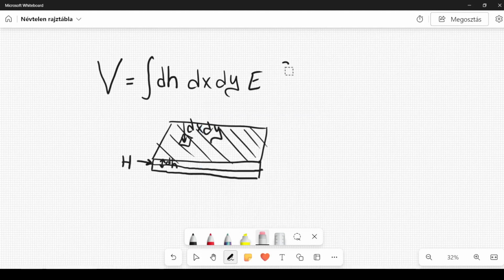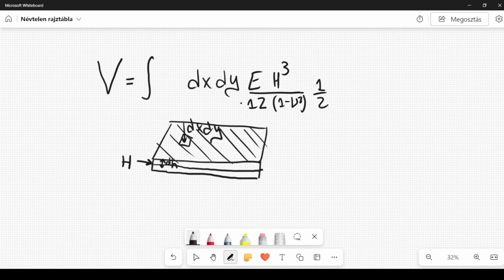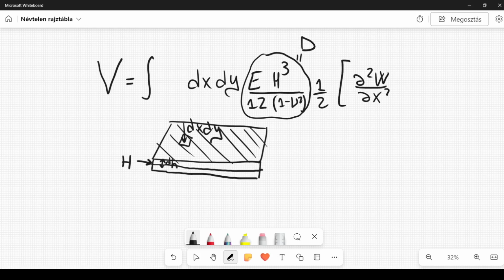We can put H cubed here. We divide by 12, then we have 1 minus nu squared. We also have a factor of 1/2 if you check the previous expressions, and then this quantity here is called D. This is the constant D. Then we have (d squared w dx squared) squared plus (d squared w dy squared) squared.